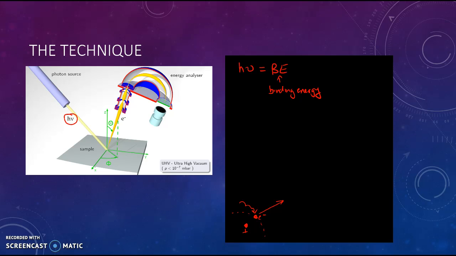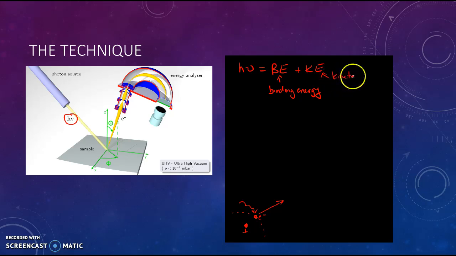Now, we'll have this binding energy, and then there'll probably be some left over. So the electron gets ejected, and some of the total energy in the photon is going to be used to ionize it, to overcome this binding energy, and then the electron is going to have some kinetic energy.